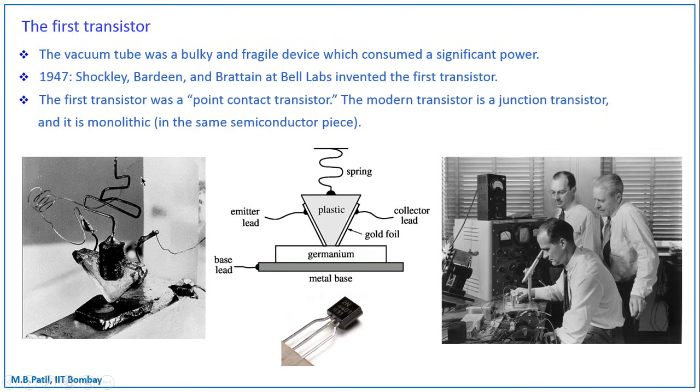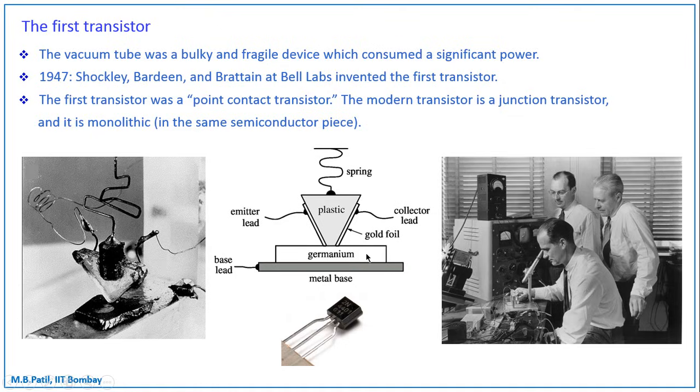This is a picture of the first transistor, and this shows its schematic diagram. So this triangle that we see over here is actually a piece of plastic, and on both sides we have a gold foil. One is the emitter and the other one is the collector, and this whole structure is pressed on this semiconductor.